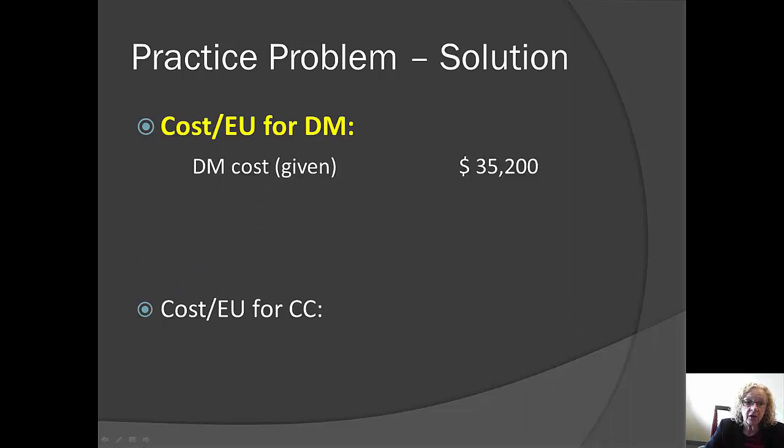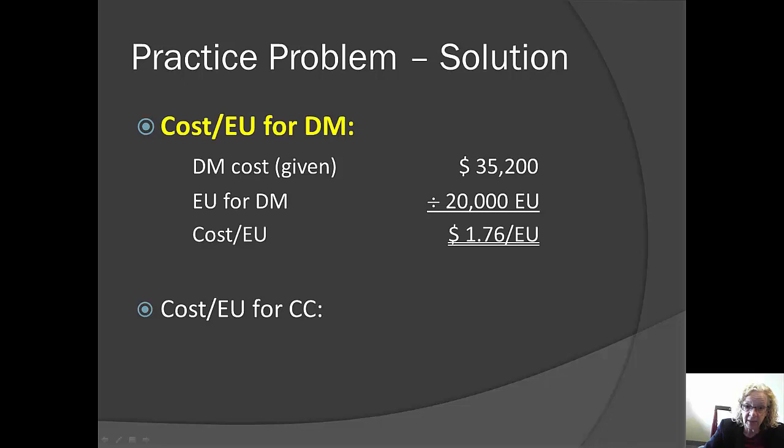To do this, for materials, we take the total costs. In this case, the firm had no beginning inventory, so all of their costs are new costs. We divide by the 20,000 equivalent units for materials, and that tells us that it costs $1.76 per equivalent unit for materials.